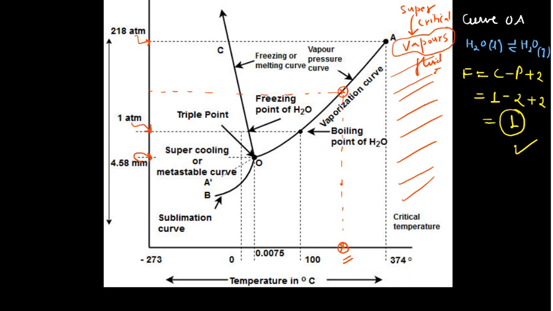So, what is the meaning of the supercritical fluid? See guys, it is something very, very important. You have supercritical fluid here, above this 374 degree centigrade. Now, if you apply pressure on this particular system above the critical temperature, remember, what will happen?